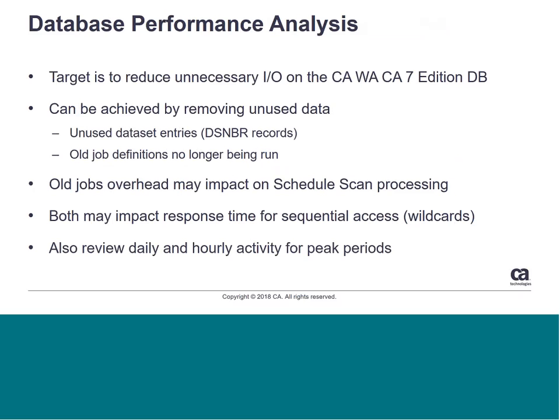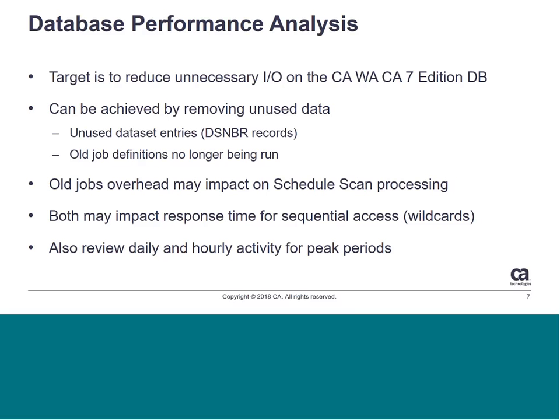The whole idea of looking at the database and the performance of the database is to reduce unnecessary I/O against the database. The main reason being that there are two areas that can cause problems: unused dataset entries and old job definitions.